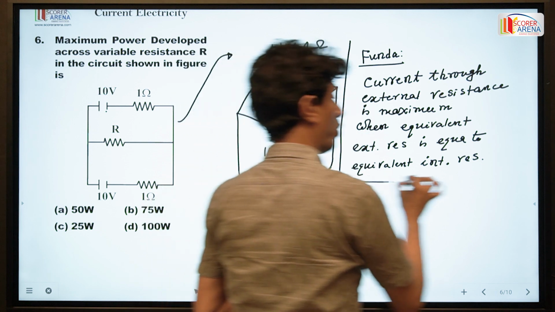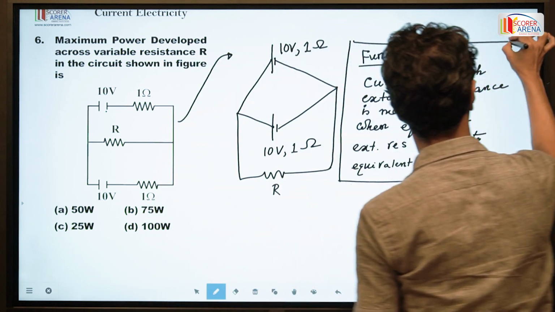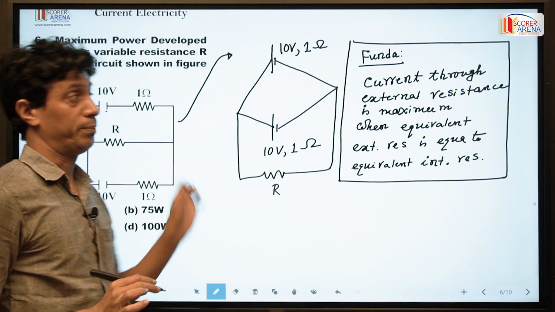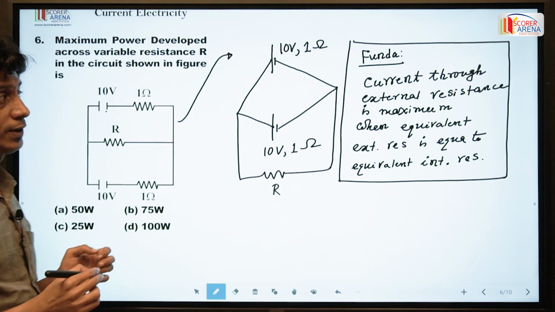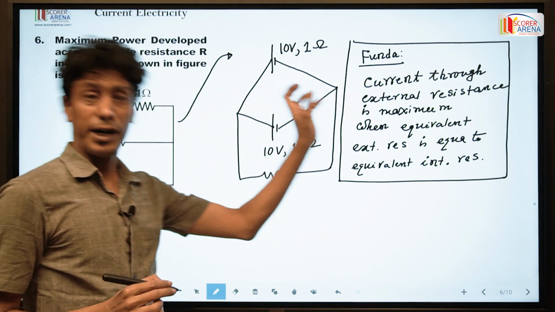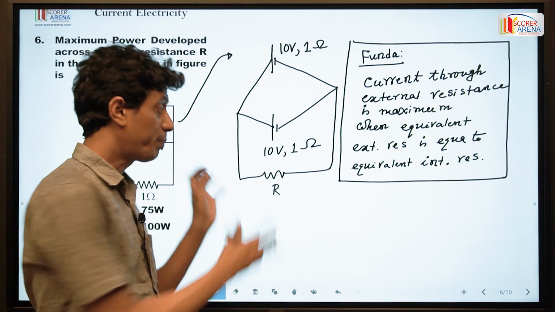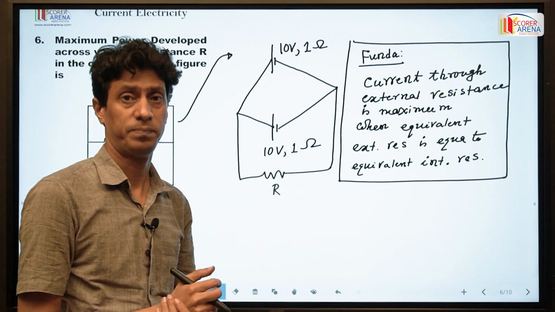So this is an important fundamental for this type of problem. If the current is maximum through the resistance R, we can say the power developed across it is also maximum.